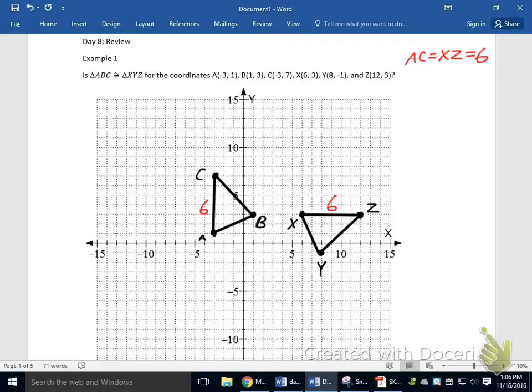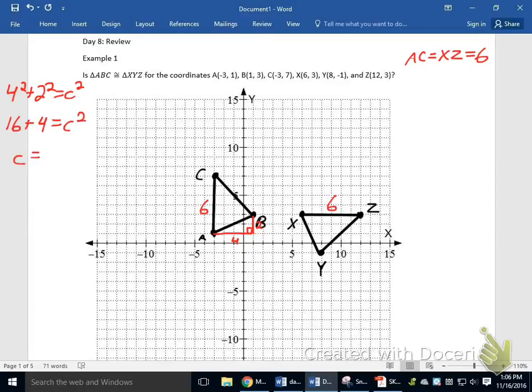Now I'm going to calculate the distances for AB and XY. When I'm doing that, I could use distance formula, or I can simply make a right triangle out of it for AB and say, alright, this is going to be 4 squared plus 2 squared equals C squared. So I'll just do that work up in the top here. This is calculating AB, so it's 16 plus 4 equals C squared.